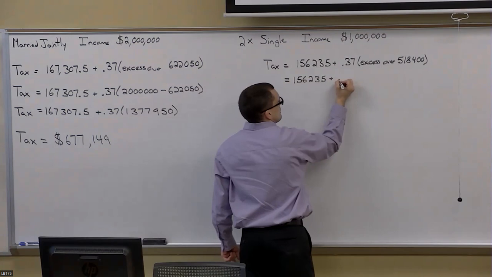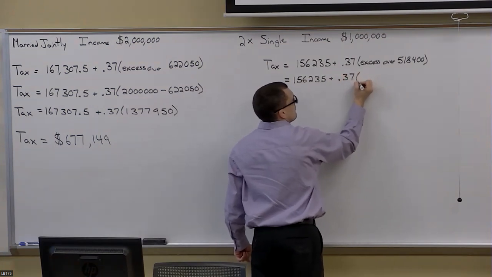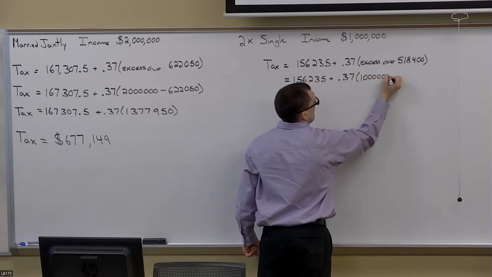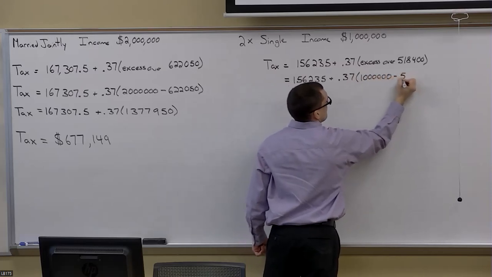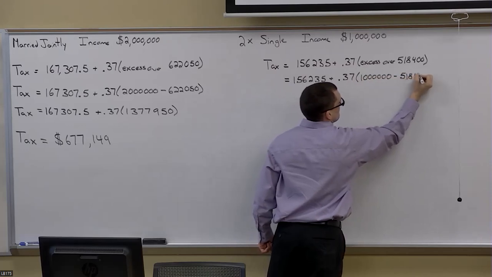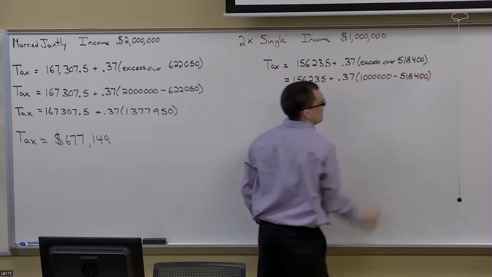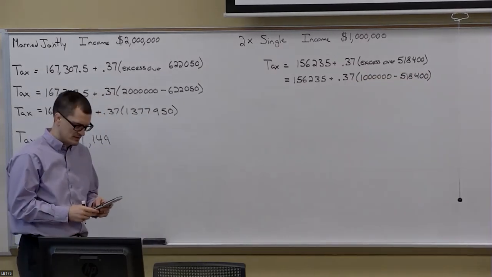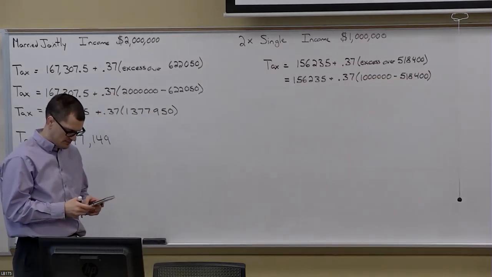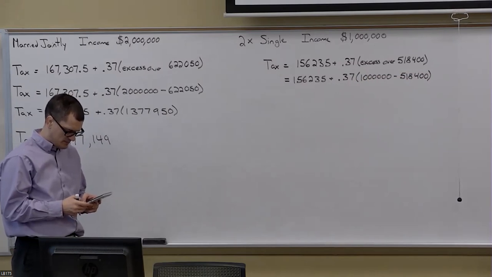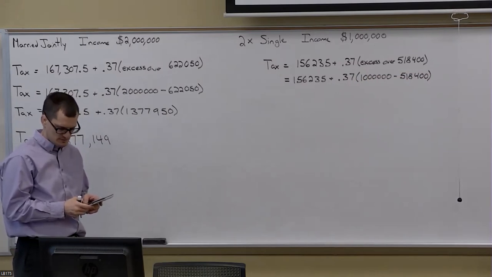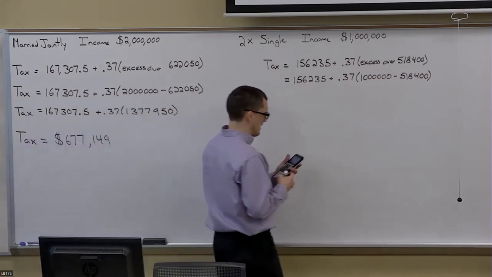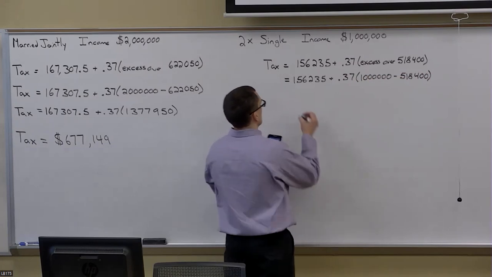So for each individual, we're gonna take that 1 million, subtract 518,400. That gives me 481,600.